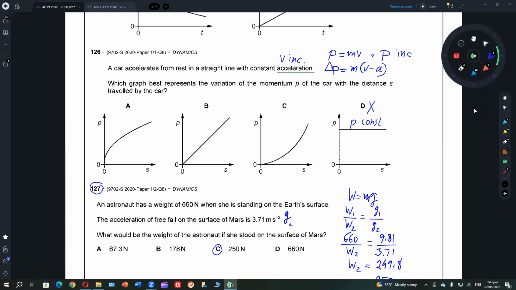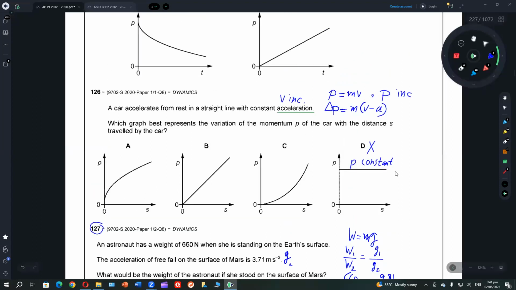Can't we do velocity is equal to displacement over time? You can try that. If momentum is increasing, then the velocity increases. Impulse over time will give us the force.